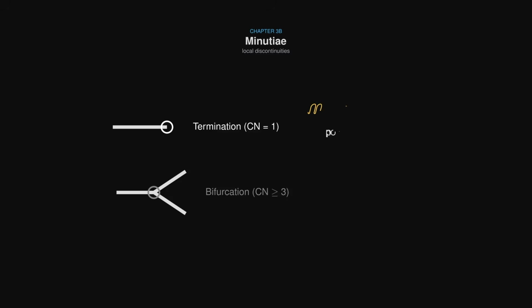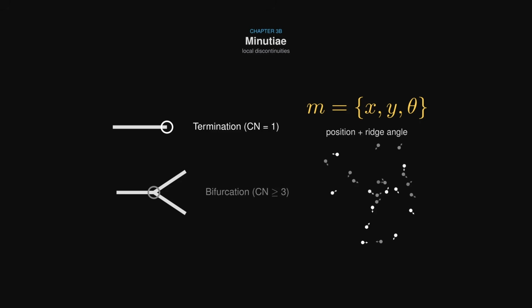At the local level, the most important features are minutiae, points where the ridge structure is discontinuous. A termination is where a ridge ends. A bifurcation is where one ridge splits into two. Each minutia is encoded as a triplet x, y, and angle theta.